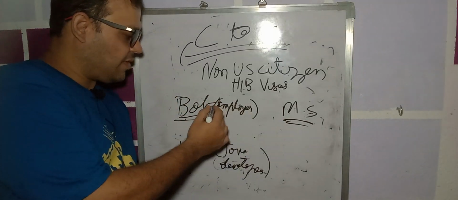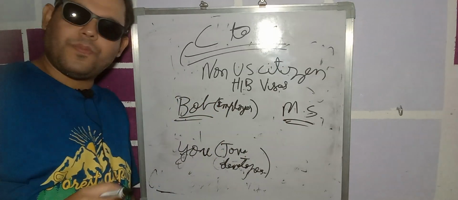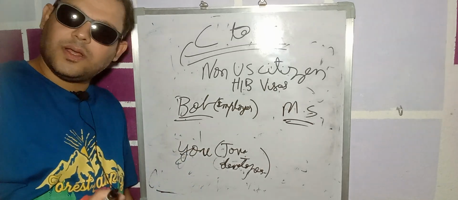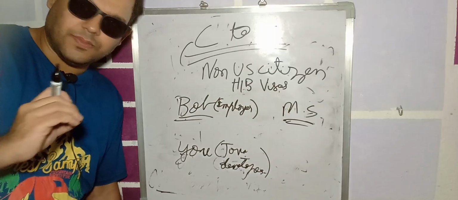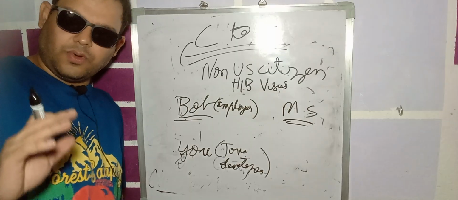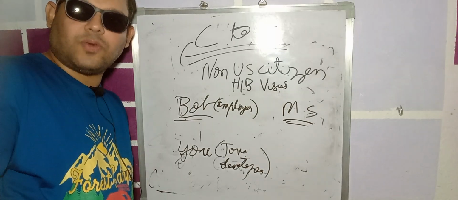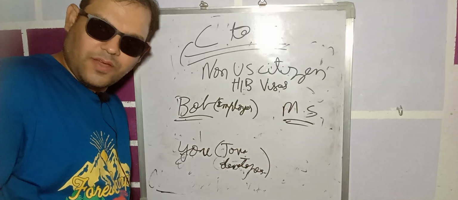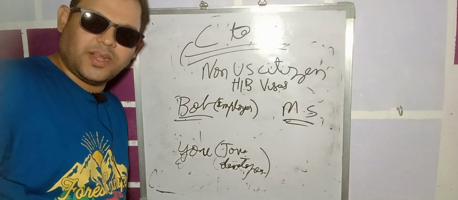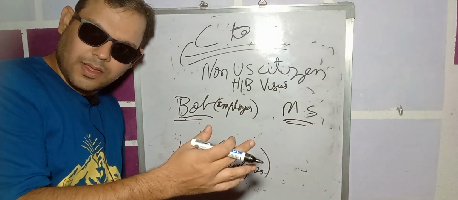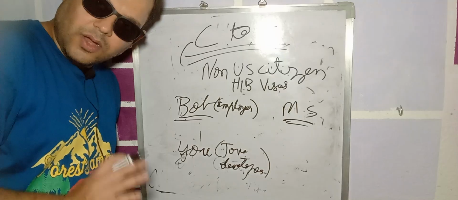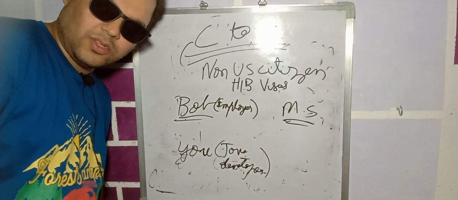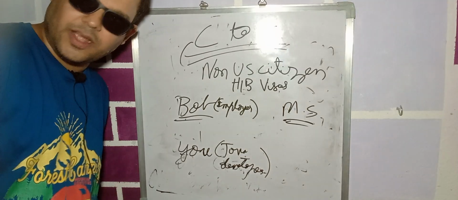Microsoft will pay Bob and Bob will pay you, and Bob is responsible for sponsoring your visa. If you are not a US citizen, you can't work for a company directly. You need to have an employer. An employer will pay for your visa, and you will be providing services to companies like Microsoft. I hope you understood the concept of W-2, 1099 and Corp-to-Corp.